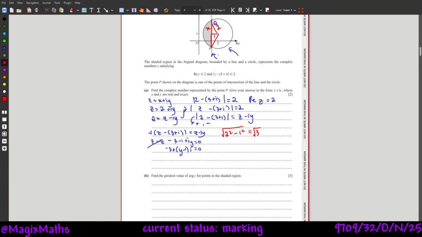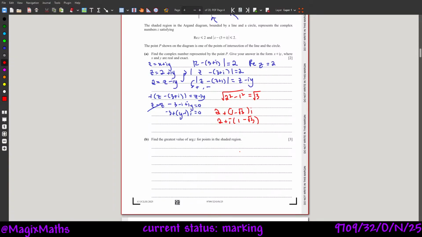And then it's 1 minus root 3 i plus 2. Or in the form.